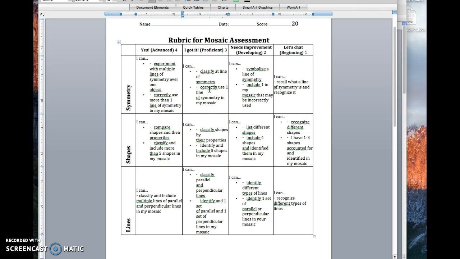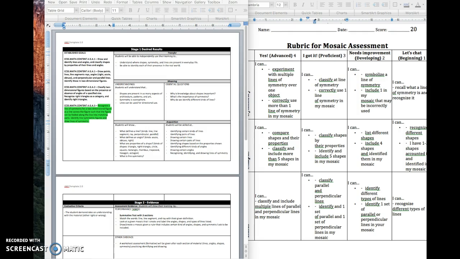So what I would do if I were Sam is go back to my standard and make sure that whatever is said here is almost exactly what my standards say. So let's take a look. In looking at this UBD and at the standards, it looks like symmetry is only in this last one.